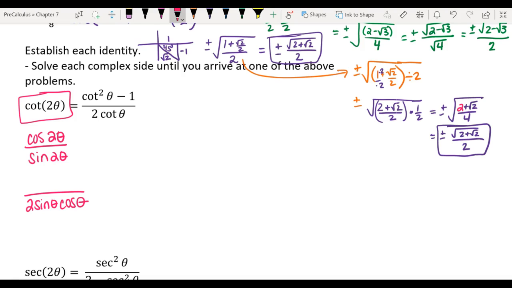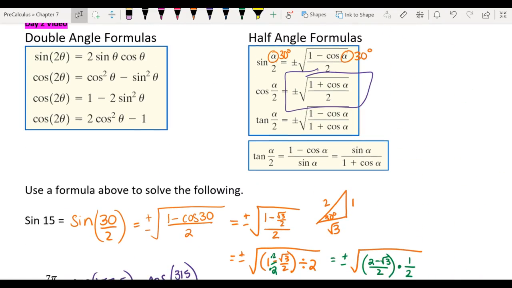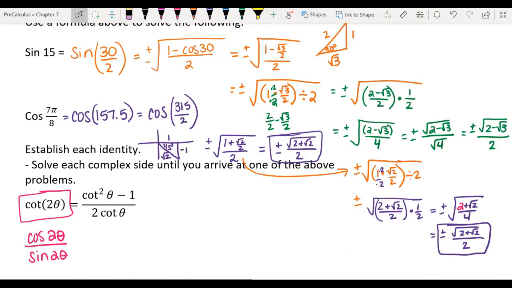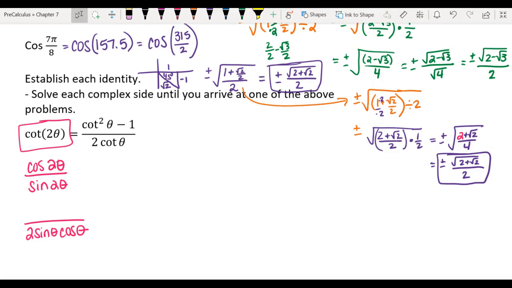I went above and took my equation from above. Sine of 2 theta is 2 sine, that's the only option for that one. Okay? So cosine of 2 theta, well, let's look at the other side. We have cotangent squared. Cotangent squared on top is similar to what?